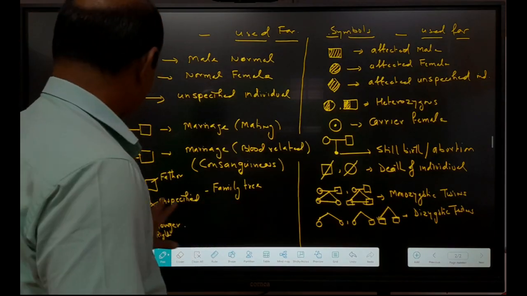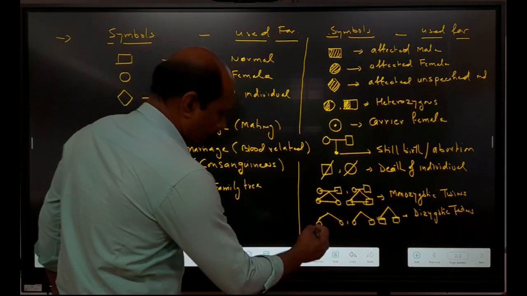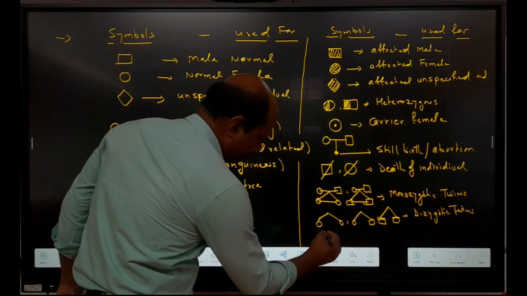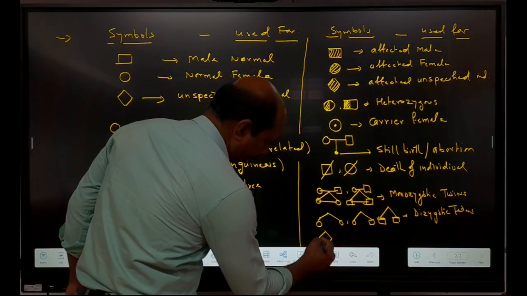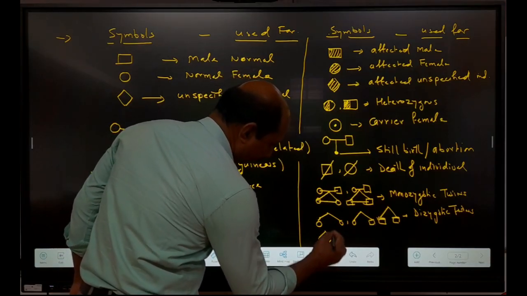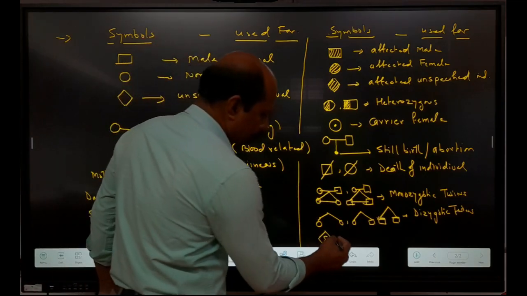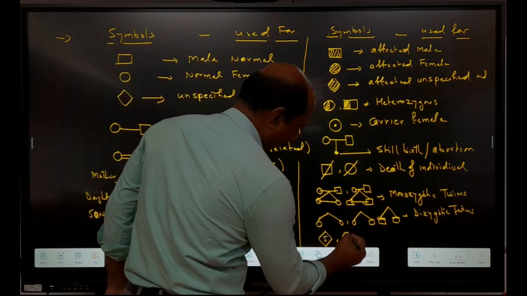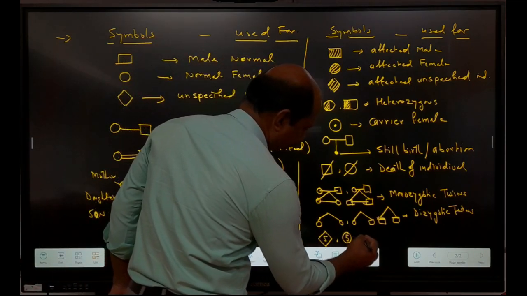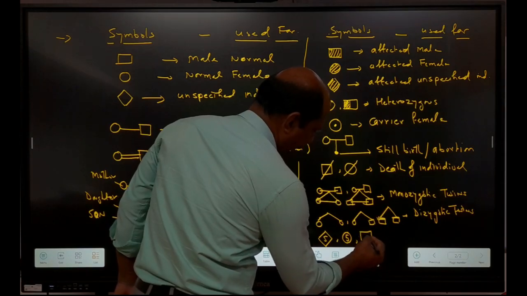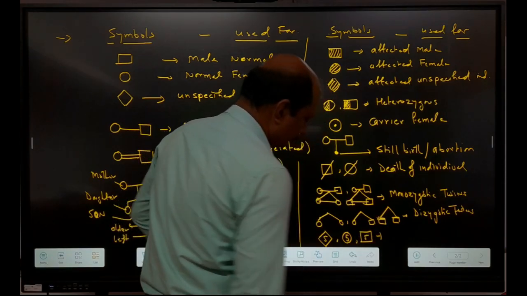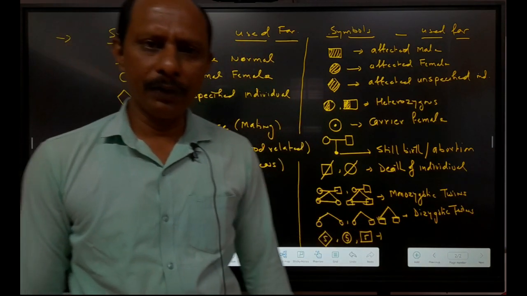And one more, I think I should tell you here, if it is given like this one, it is present in our NCERT also. A number is given, either on this one or this one, or it looks like this one. That means this number indicates the number of individuals.